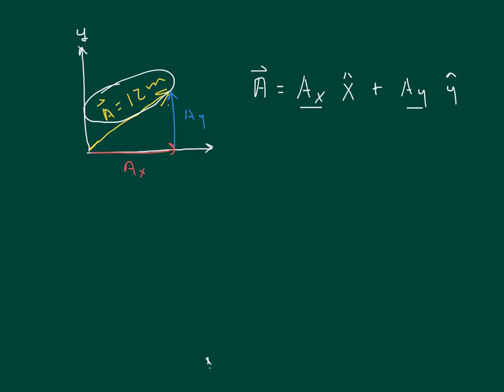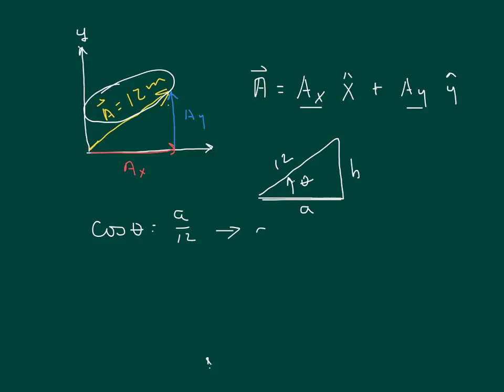So let's just think about it as a triangle. If we had a triangle like this, and this was 12, and this were some angle that we'll call theta, then what is the length of this side? We'll simply call it little a and little b. Well, if we take the cosine of theta, we would know that is a over 12.